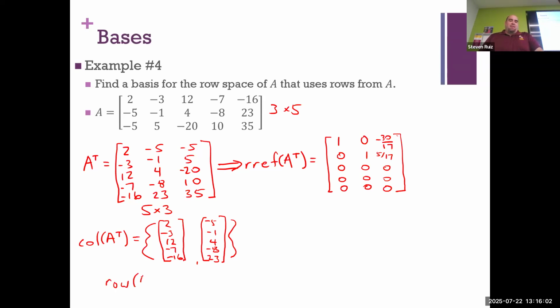What's the row space of A? The transpose has essentially served its purpose. We're going to go back and re-express these as rows: 2, -3, 12, -7, -16, and then -5, -1, 4, -8, 23.